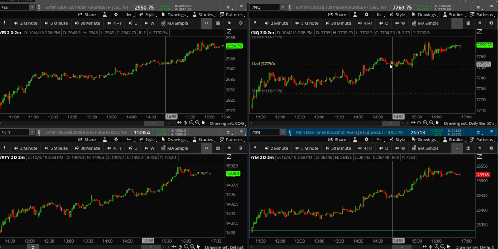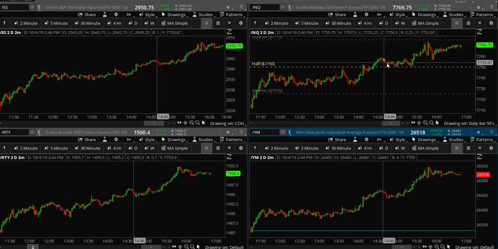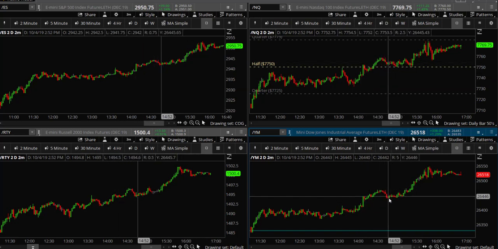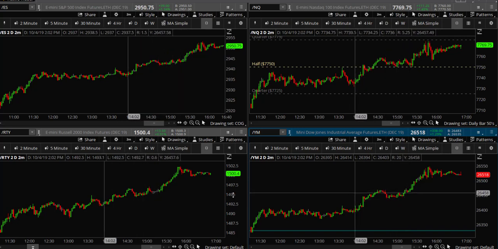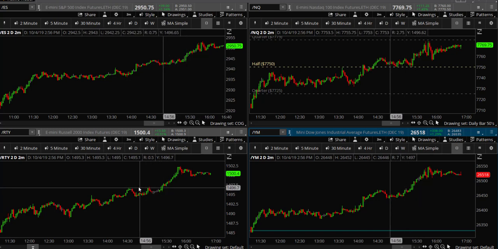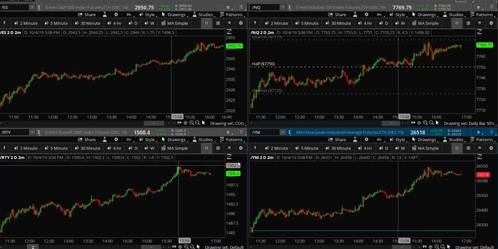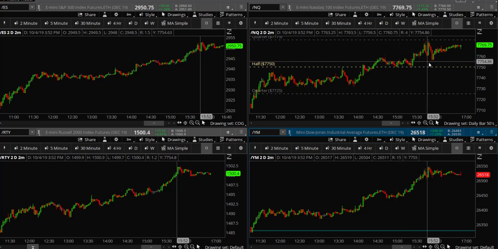Look at how the other markets are reacting through this whole pattern when we broke the 50 here. They're all finding support at areas where there should be support. They're all breaking through their resistance levels where they should be. Not one of these is moving against the trend. So I have more confidence in staying in the trade and taking the long position.